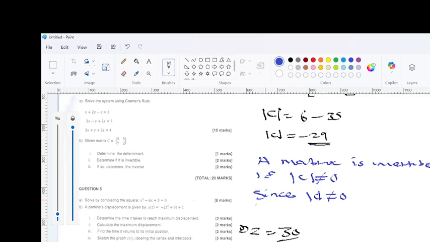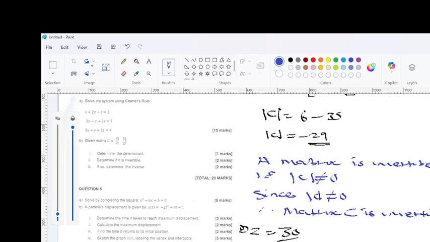Is invertible. Simple and straightforward. So a matrix is invertible if the determinant of a given matrix is not equal to 0. That is when a matrix is invertible.